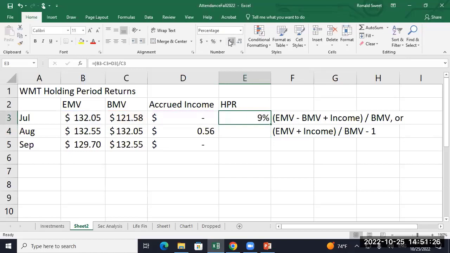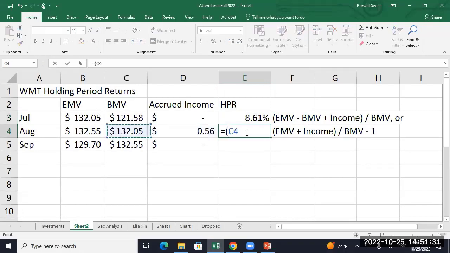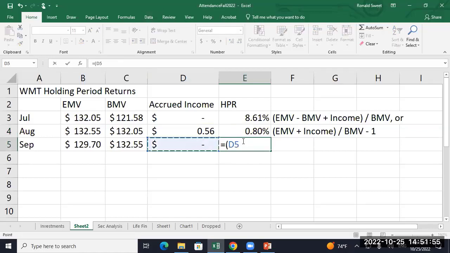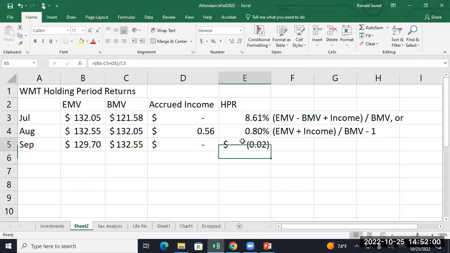They had a really, really good July. Ending, I'll do it the other way, plus income divided by beginning minus 1. 0.8%, we get the same thing for either formula. 0.8%. And then the last month, not too good. Ending minus beginning plus income divided by beginning. So had a down month.